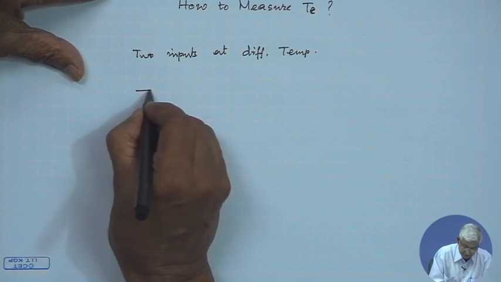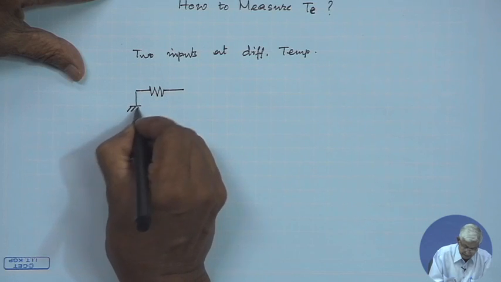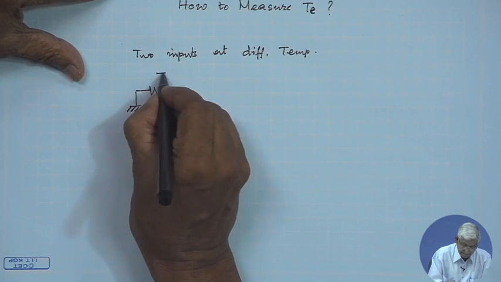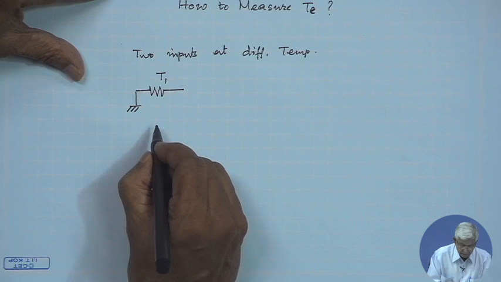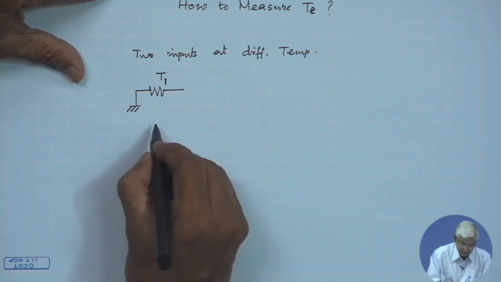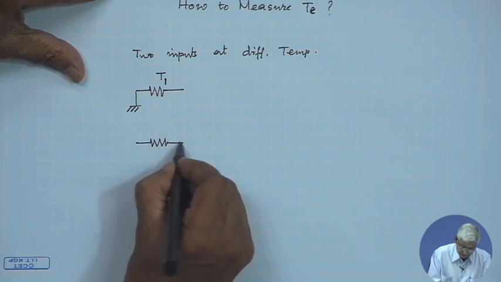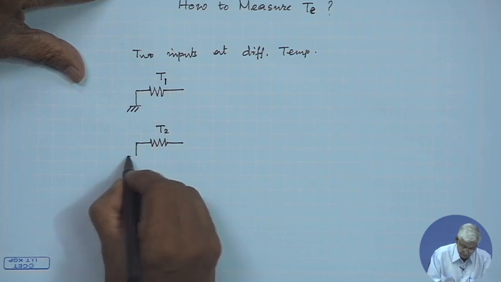That is, let us draw it. Let us see, this is a device which is at temperature T1, and this is another device which is at temperature T2.